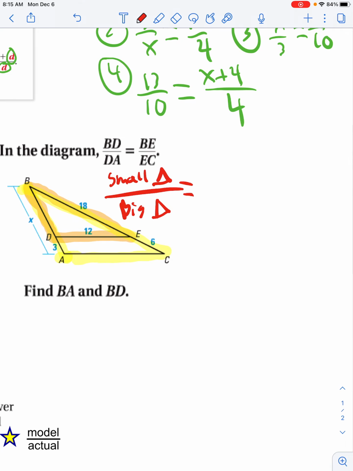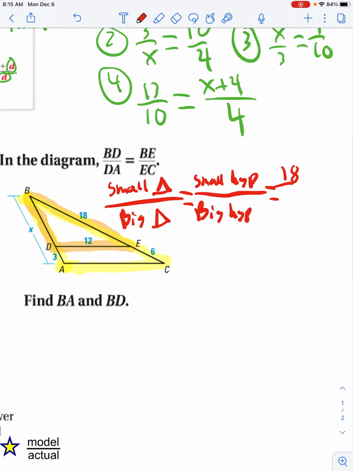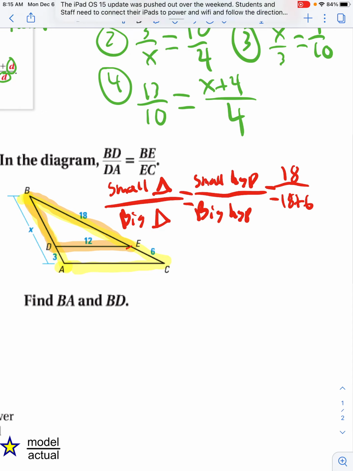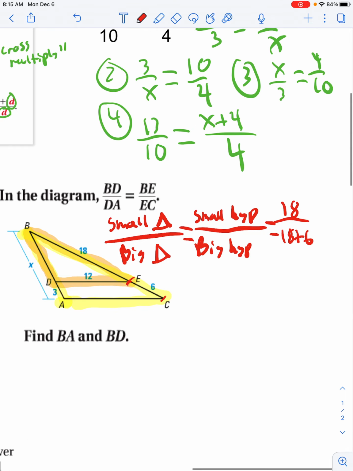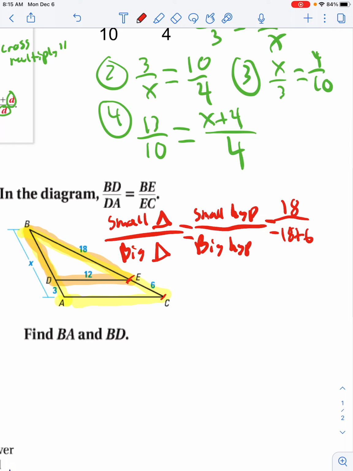I'm going to look at the hypotenuse: small hypotenuse over big hypotenuse. My small hypotenuse is 18. My big hypotenuse is going to be 18 plus 6, because I have to add this extra little section. Then I'm going to compare that to this other side.